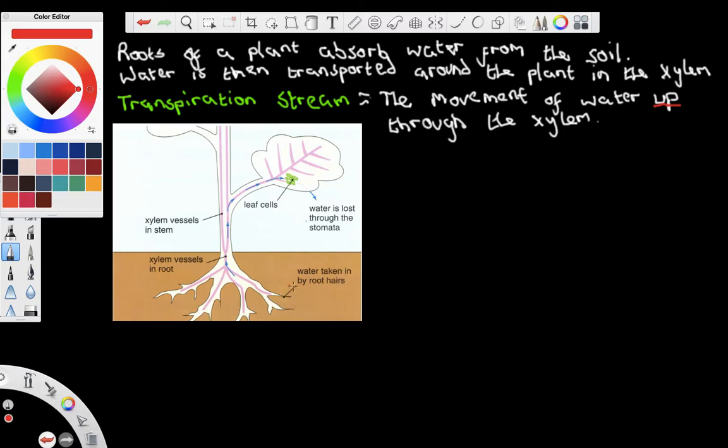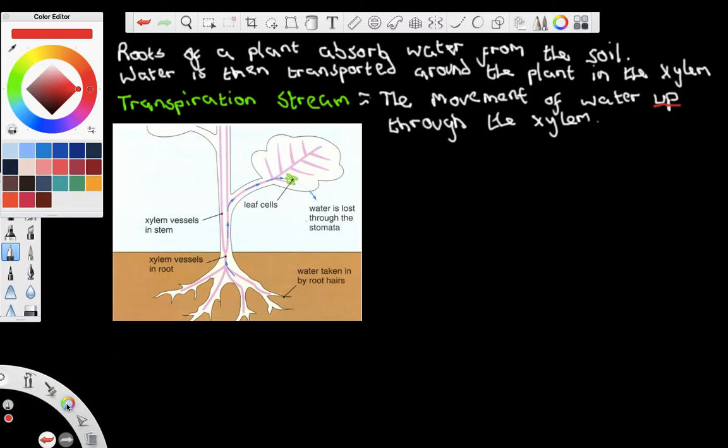So we've got water being taken in by the roots, a transpiration stream moves the water up through the xylem, and once we get to the leaf, the water is lost through the stomata.